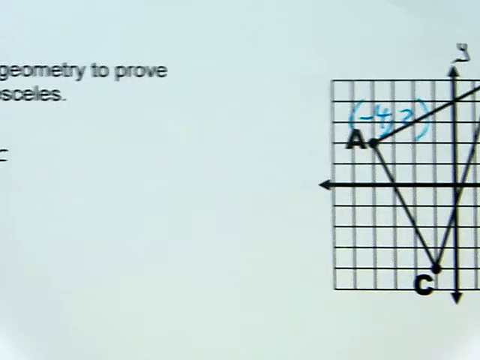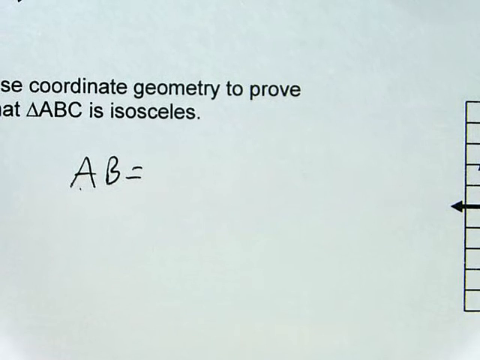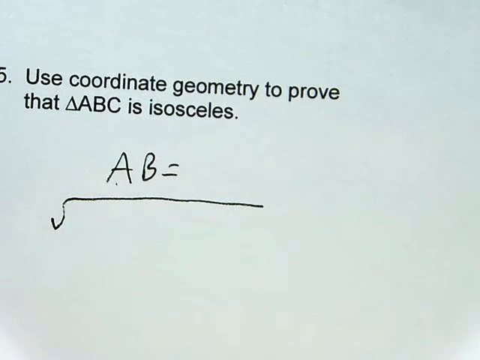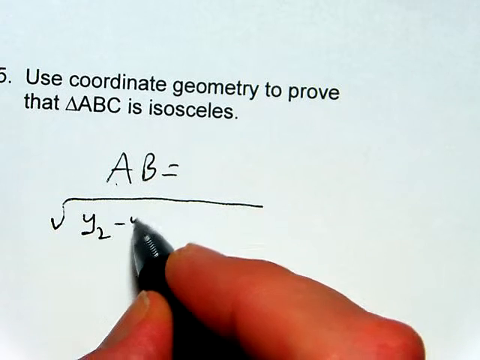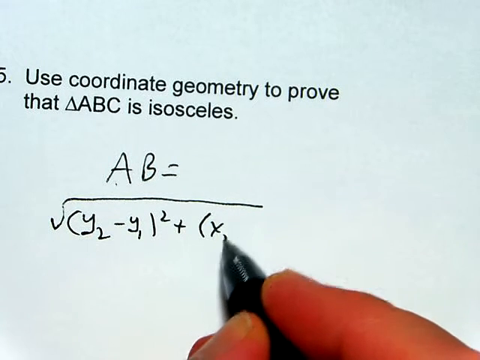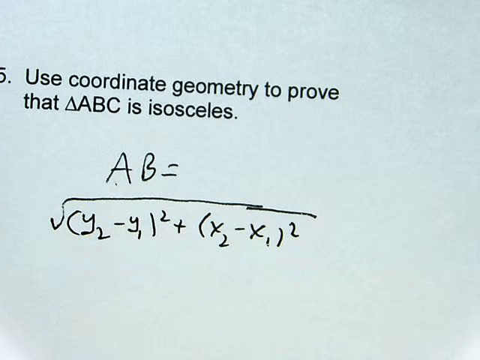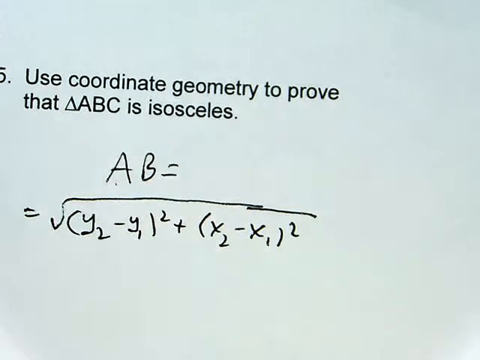So let's recall our distance formula. The distance formula is the square root of y2 minus y1 squared plus x2 minus x1 squared, and the square root of the whole thing. And that is going to equal the length of AB in this case.